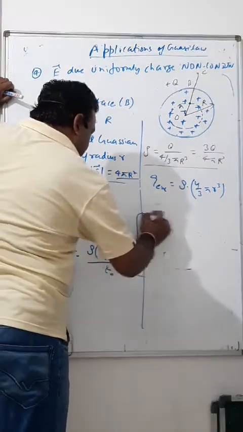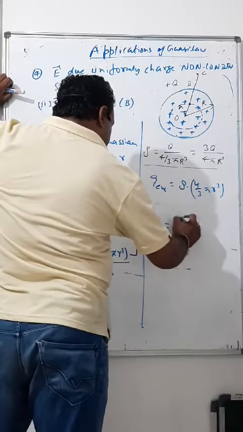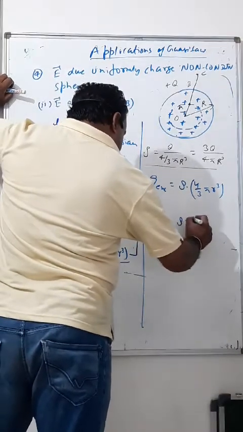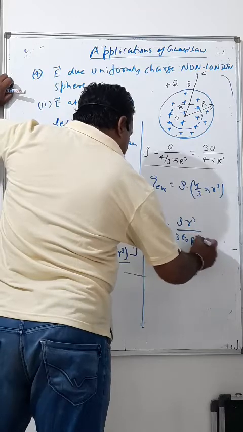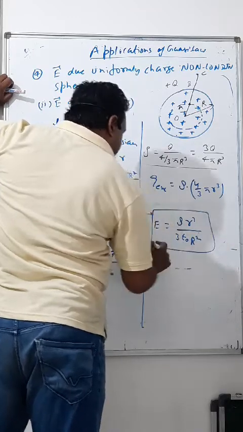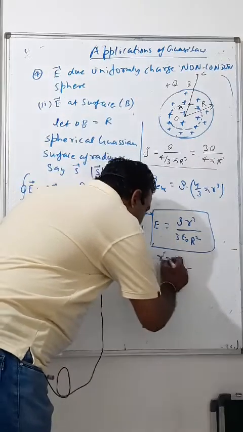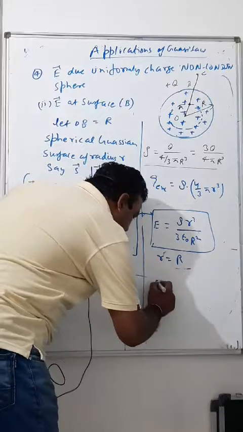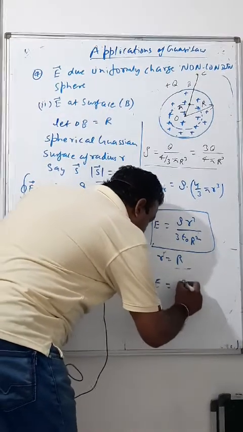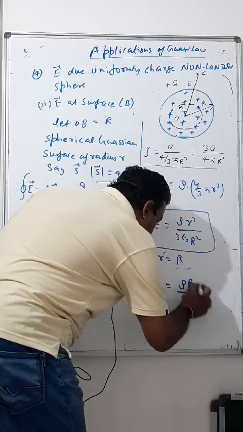Now I have again E is equal to rho R cube upon 3 epsilon naught capital R square. At the surface, small r is what? Capital R. And now it becomes E is equal to rho R upon 3 epsilon naught.